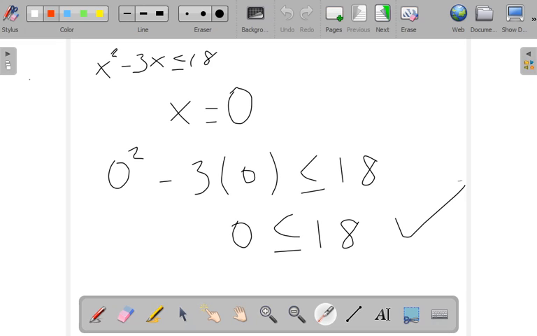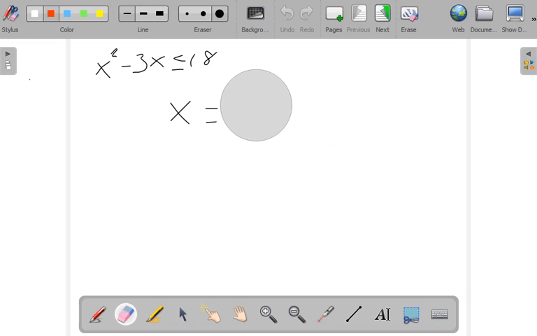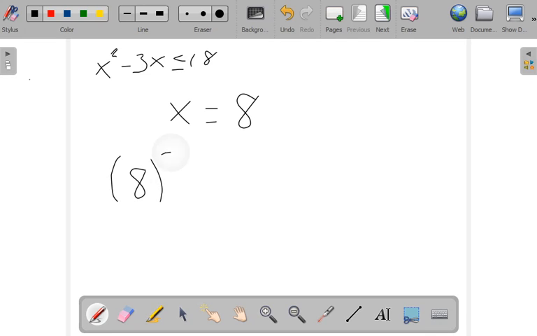Coming back to this page, let's go ahead and erase everything. And we're going to set x equal to 8. So positive 8 squared minus 3 times 8 less than or equal to 18.